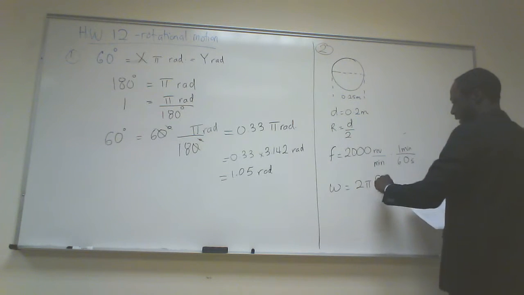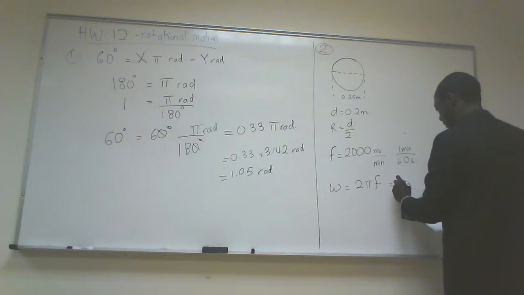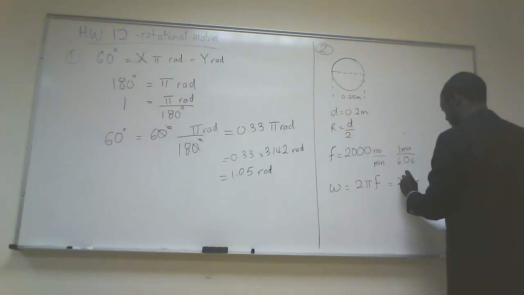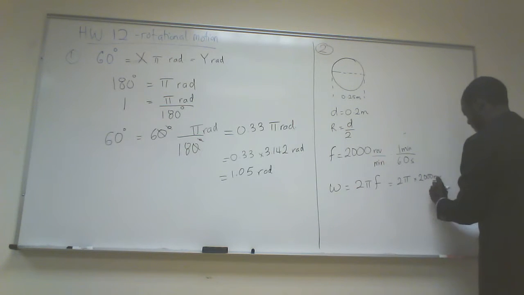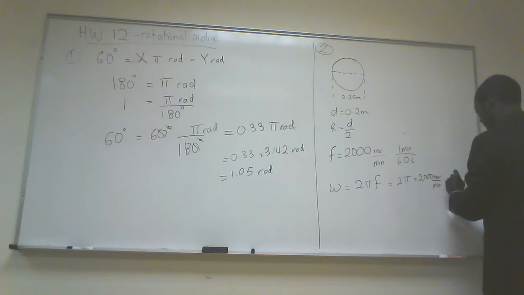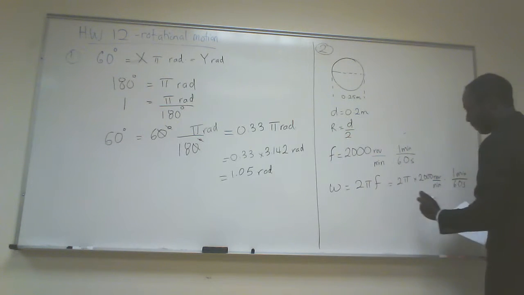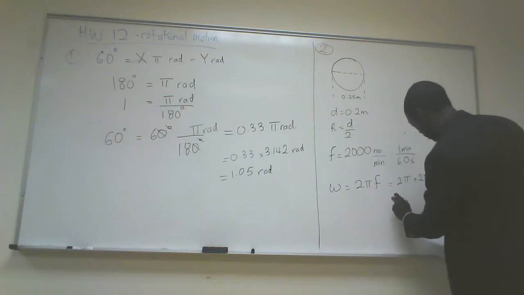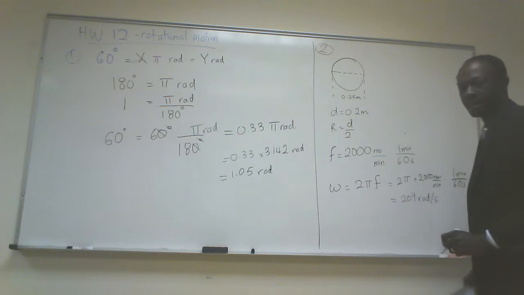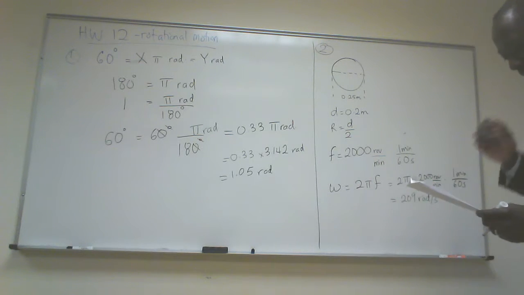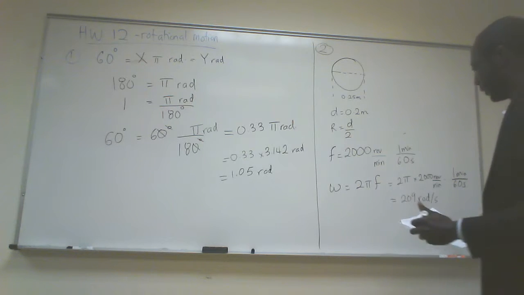We multiply 2 pi times the frequency, which will be equal to 2 pi times 2,000 rev per minute times 1 minute over 60 seconds, and that comes up to be 209 radians per second. So this is for part A.